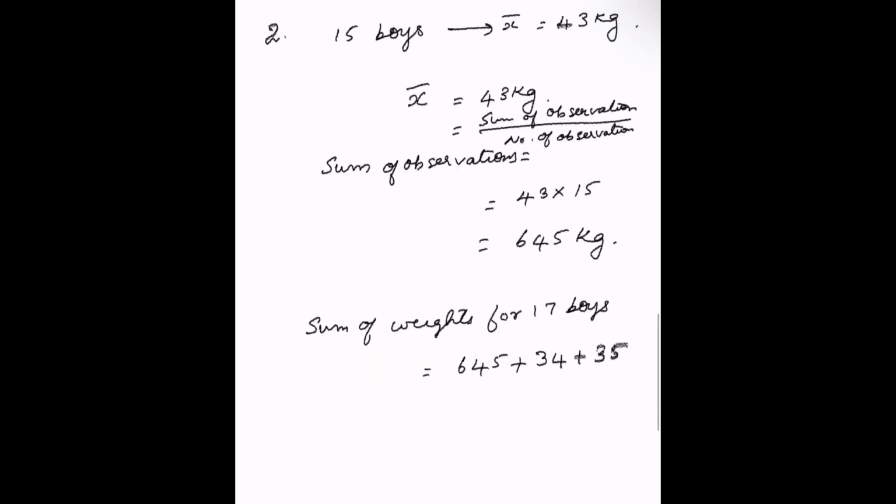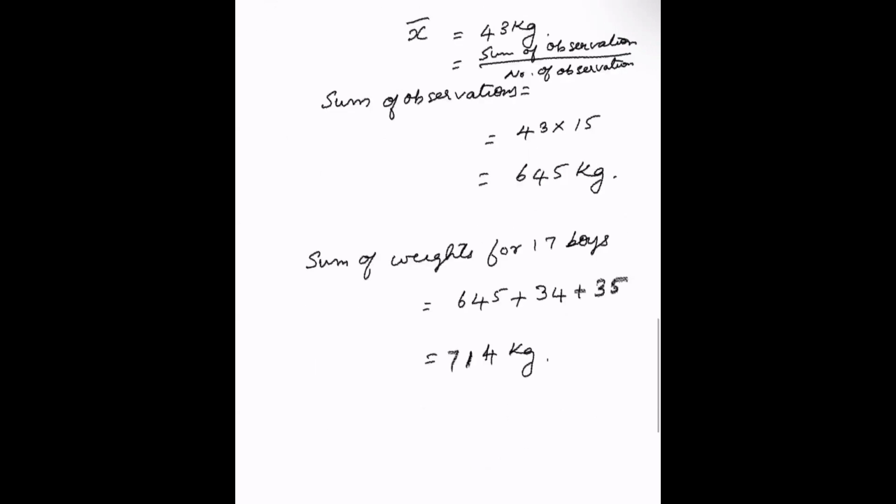So just add that also. I'm getting 714 kilo. And then what will be the new mean? New mean is going to be 714 divided by 17, because now I have 17 boys. It's 42 kilo.